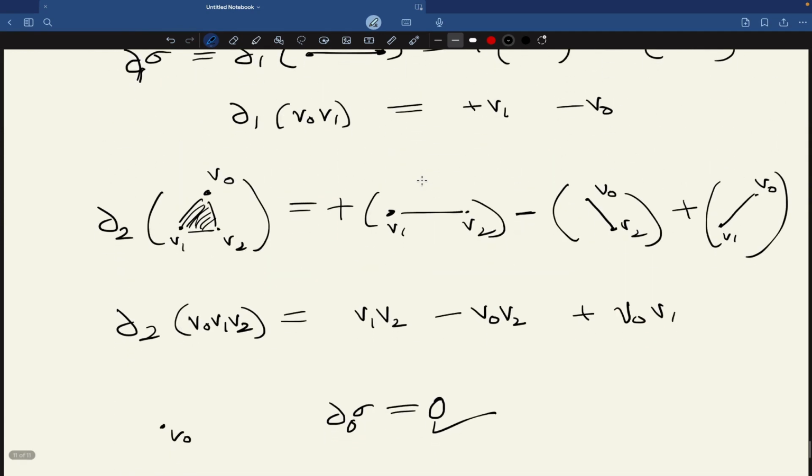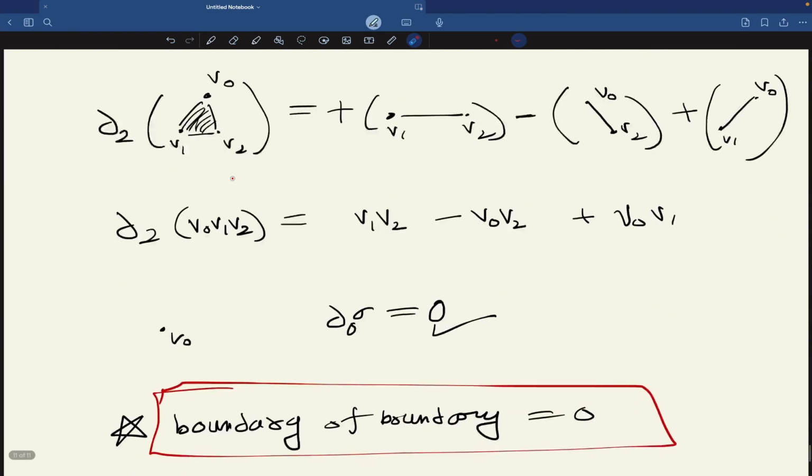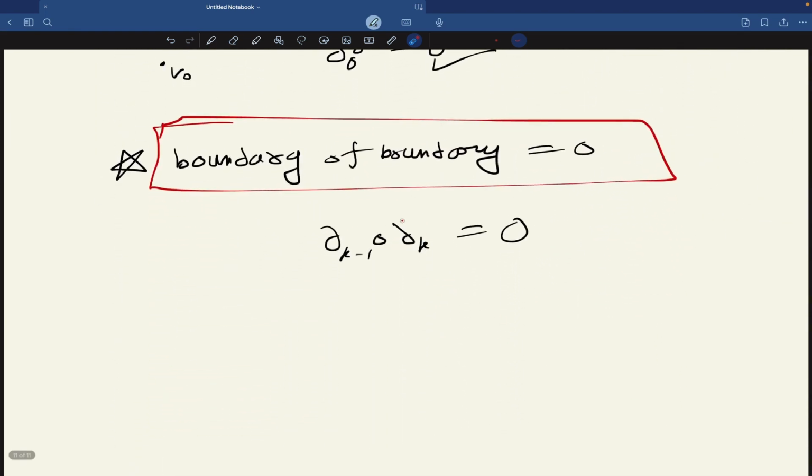So when we applied the boundary operator on this simplex, which is of 2 dimensions, we got a linear combination of 1 dimensional figures, right? See, the edges are 1 dimensional, 1 dimensional, 1 dimensional. This is 2 dimensional. So when you apply boundary over the boundary of a k simplex, the del k of sigma again becomes a simplex of k minus 1 dimension. So if I apply boundary on it, then del will have subscript k minus 1.